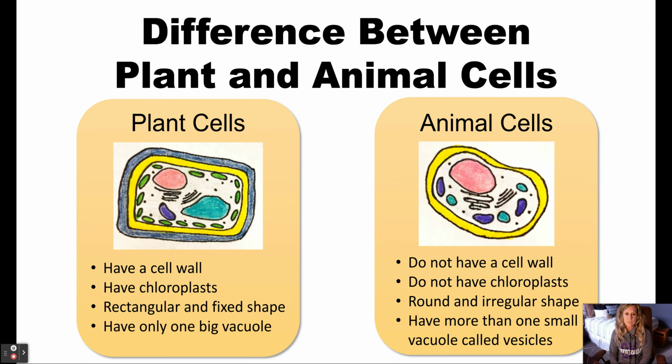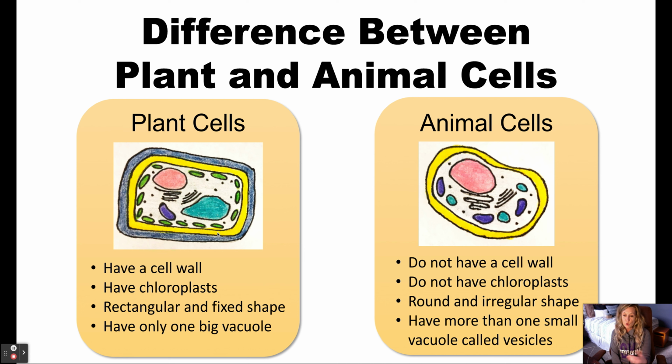Okay, so the main differences between plant and animal cells. If you look at the diagrams there, you can see that plant cells have a cell wall, which gives them bonus extra support. It's outside of this yellow layer, which is the cell membrane. So plant cells have a bonus layer, this blue layer, the cell wall.